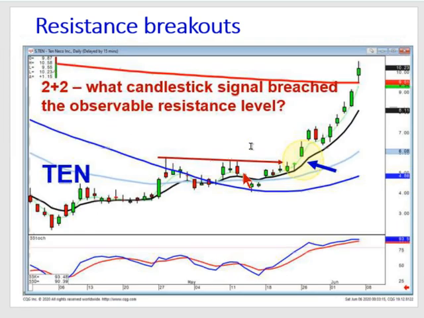Not too long ago we were recommending 10, and this is what I call 2+2 or convergence analysis. Look where our doji best friend gap occurred, right here at a resistance level, kind of giving us a double bottom, fry pan bottom.